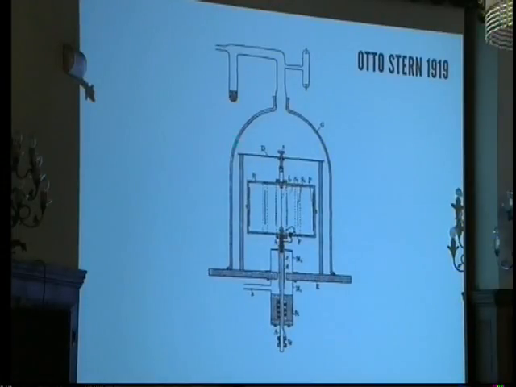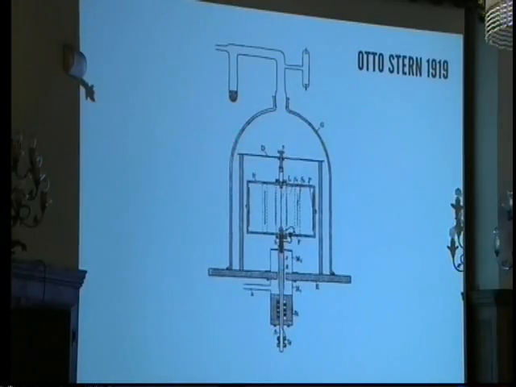With this experiment, what he tried to do was to measure the mean velocity of the Boltzmann distribution in a gas. So this is a vacuum cavity, and the whole thing can rotate around this axis.